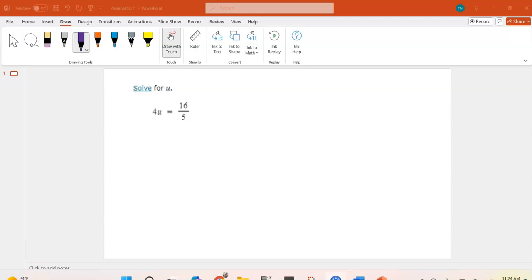I'm going to show you hopefully a quicker way to do this equation than the way that Alex shows it. I always look at a fraction bar as a division sign.